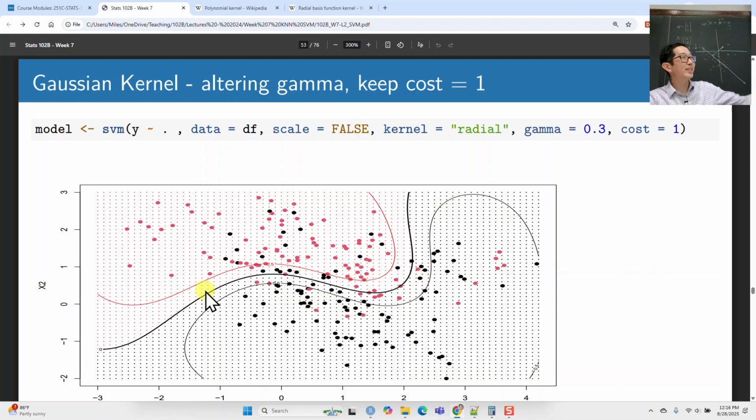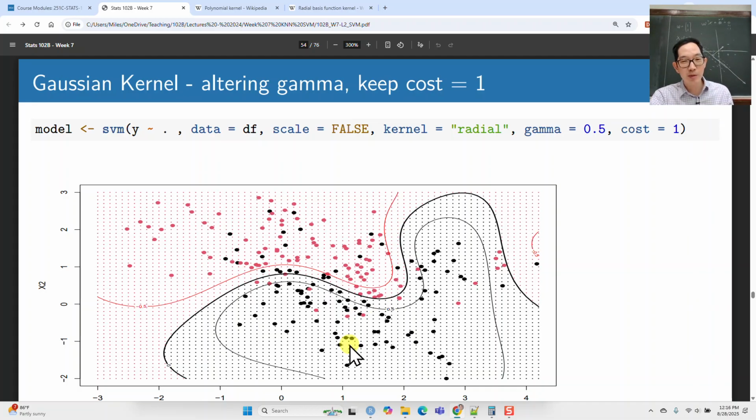So again, imagine in the higher dimensional space, you're drawing these parallel planes, and then when they get projected down, these are what the parallel hyperplanes look like, okay? So here it is, gamma 0.3.